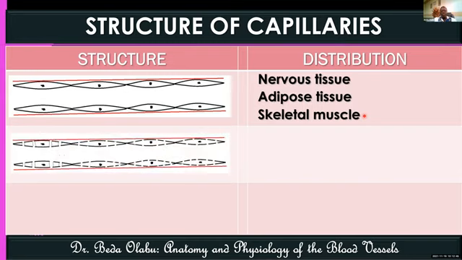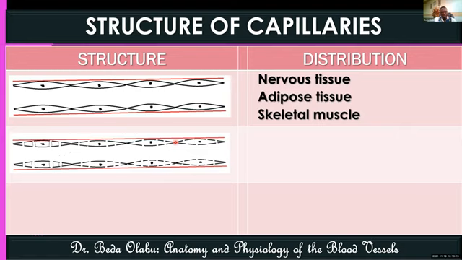The second type of capillaries looks like this. Now look at that. Let's start with the basement membrane. It looks intact throughout. That's okay. Look at the gaps between endothelial cells. The endothelial cells are attached to one another again, just like continuous capillaries.